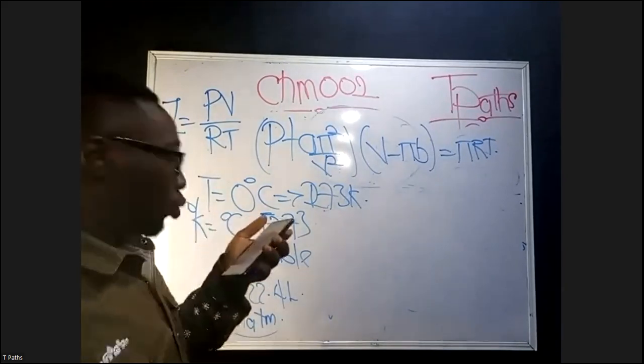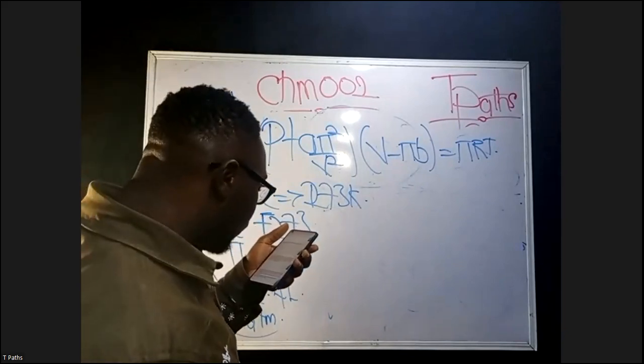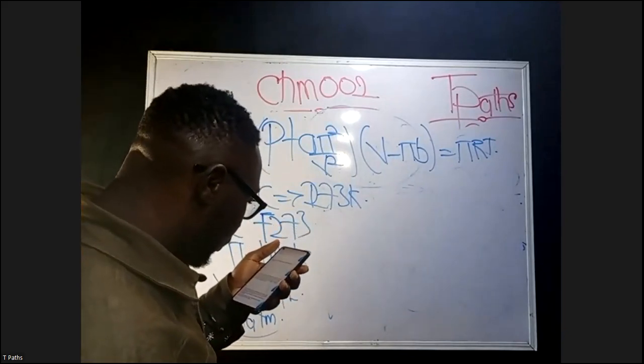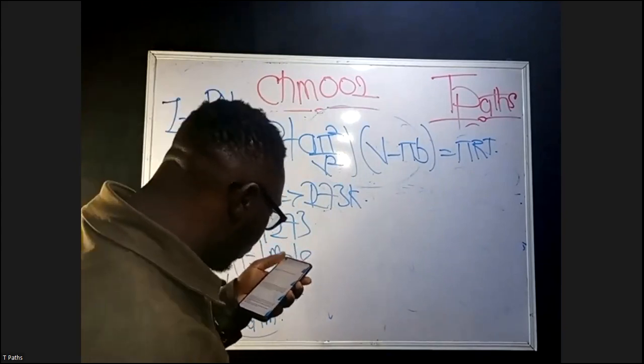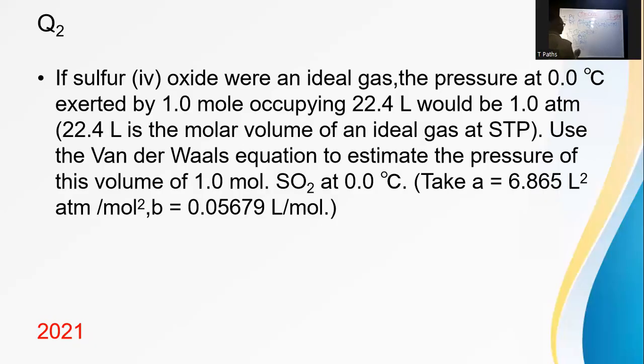Use the Van der Waals equation to estimate the pressure of 1 mole of SO2 at 0 degrees Celsius. And we are given A equals 6.865 liters squared atm per mole squared, and B equals 0.05679 liter per mole.